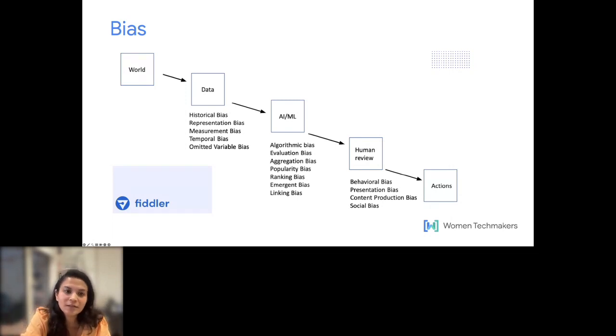So yeah, for historical bias, let's say we ask a chatbot to give us an image of a doctor or an image of a housewife. What would the chatbot do? For doctor, it would generate a male image. If you ask a chatbot to generate the image of a CEO, it will generate a male image of a CEO.